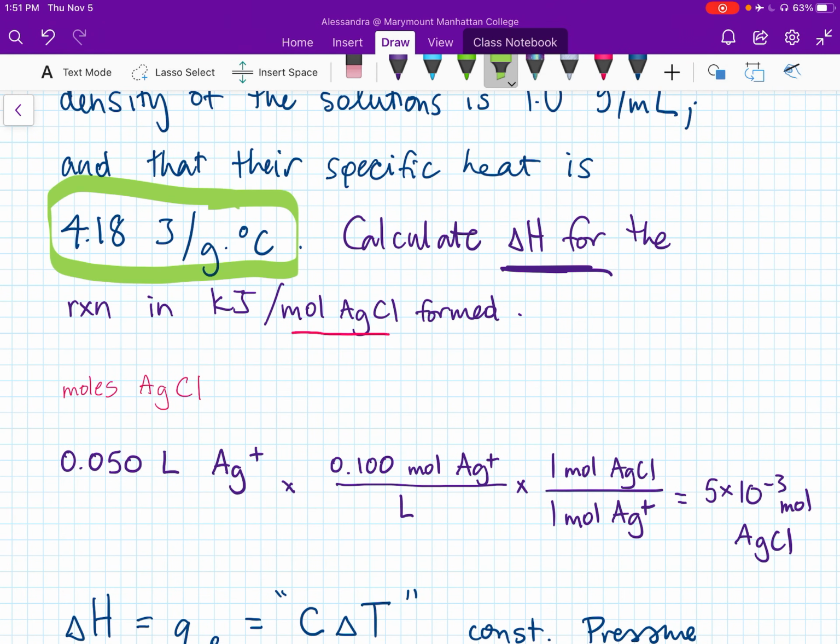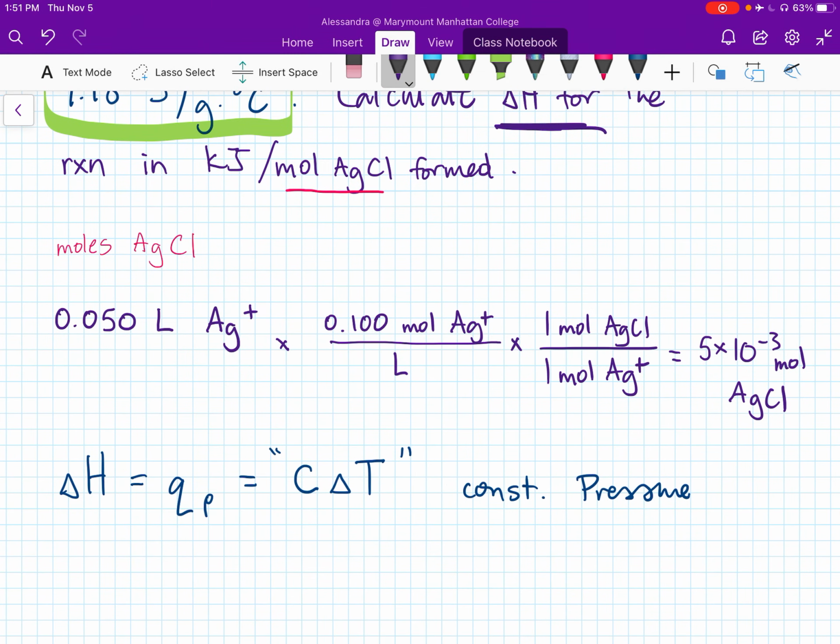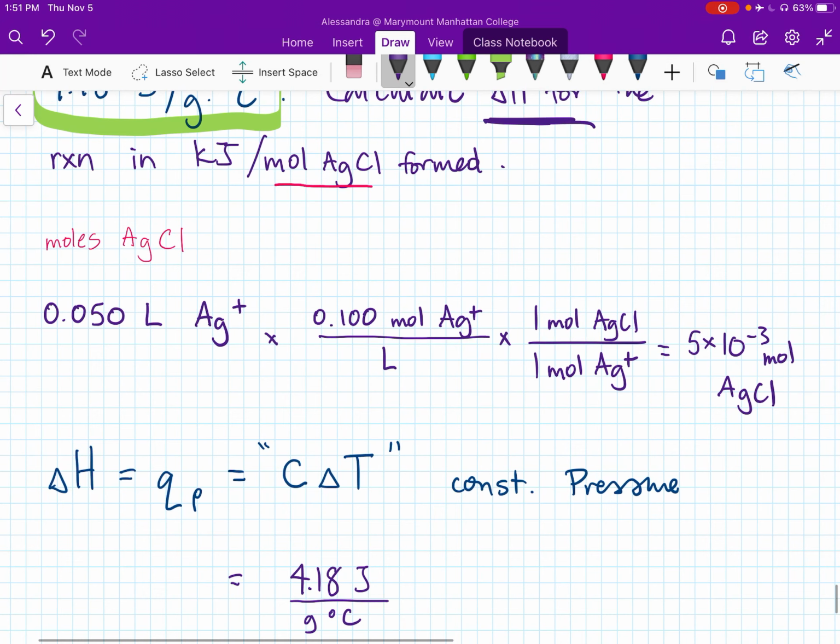It's 4.18 joule per gram degree Celsius. And I always put this in quotation marks because when I plug in 4.18 joules per gram degree Celsius, I cannot forget that I need to get rid of those grams from the bottom by multiplying by the amount of solution that I have.